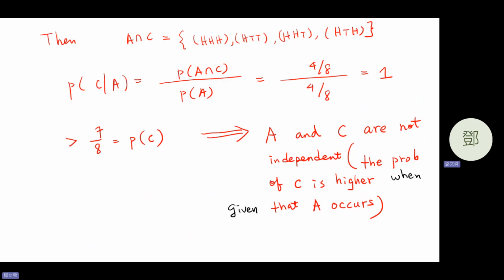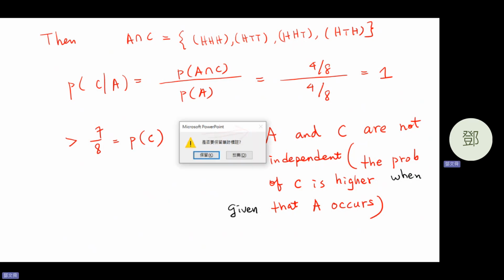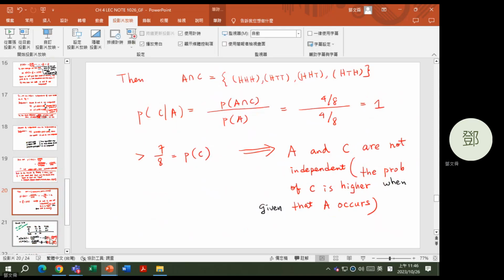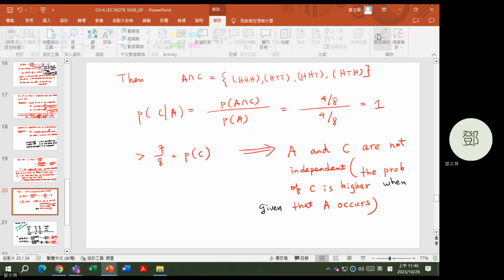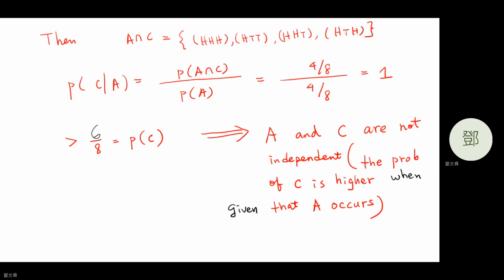It is the probability of A intersection C divided by the probability of A. It is not 7, it is 6, okay?